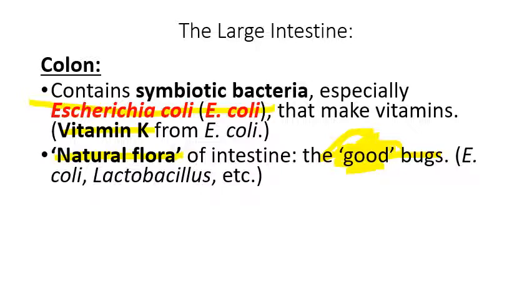Right? So examples of good guy bacteria are E. coli and several different species of lactobacillus, Lactobacillus acidophilus, for instance. Those are good bacteria that are part of the normal gut microbiome, as it's called, the gut flora, the natural flora of the human intestine.